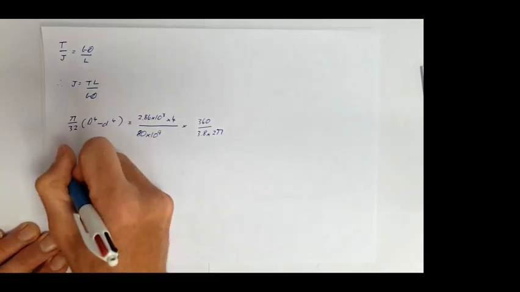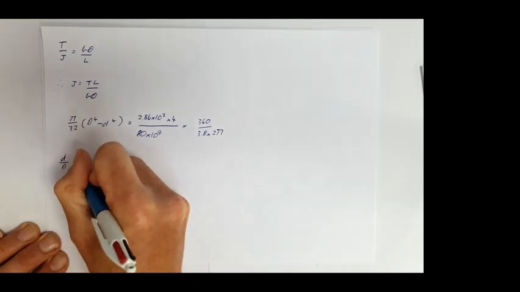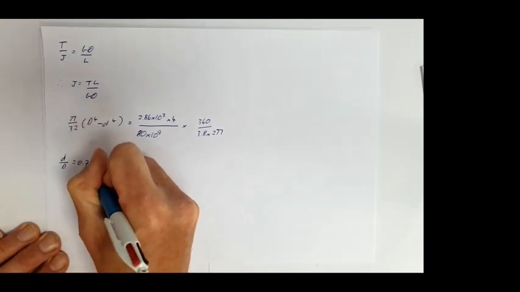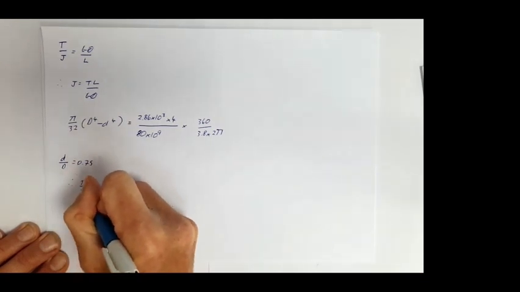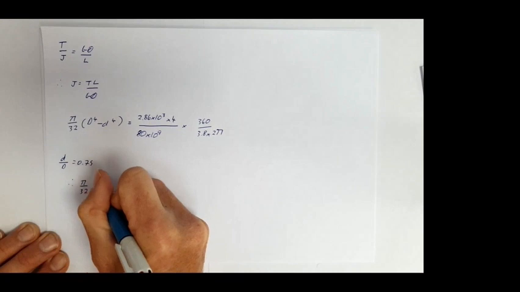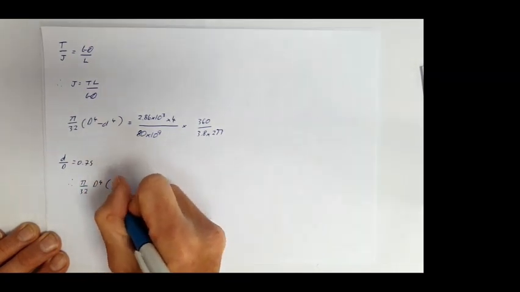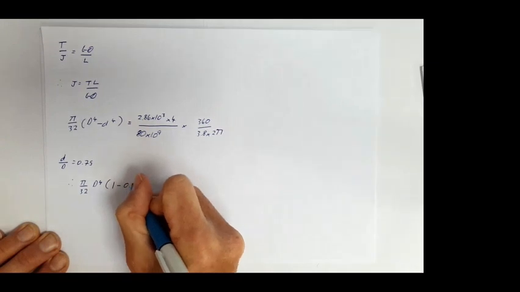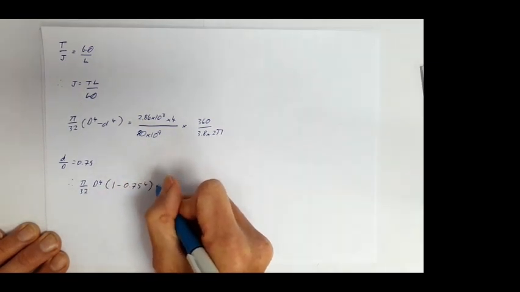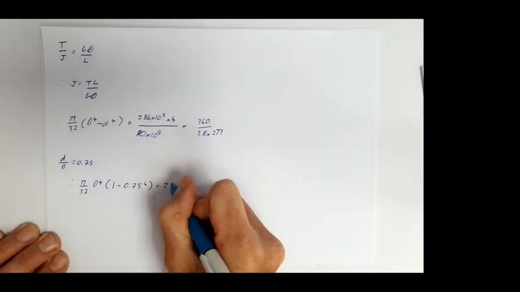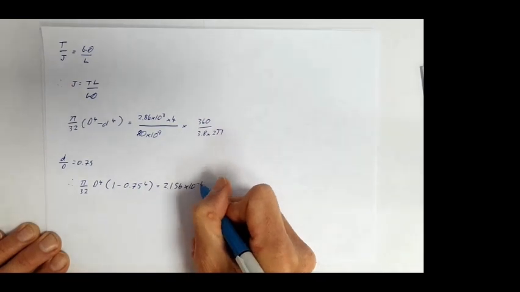We also know again that d over D equals 0.75. So therefore, pi over 32, D to the 4, lots of 1 minus 0.75 to the 4 equals 2.156 times 10 to the minus 6.